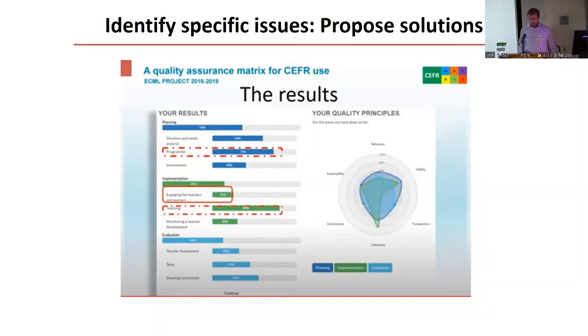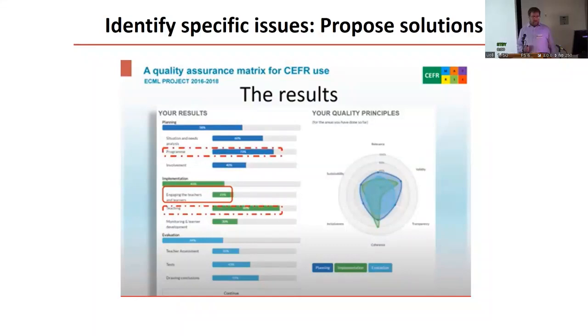So what I'm going to do now is give you several programs, several research projects that have adopted this approach, that have identified areas that they need to work on and how they have integrated an action research perspective. And after I give the example, I'm going to ask you to think about your own context.